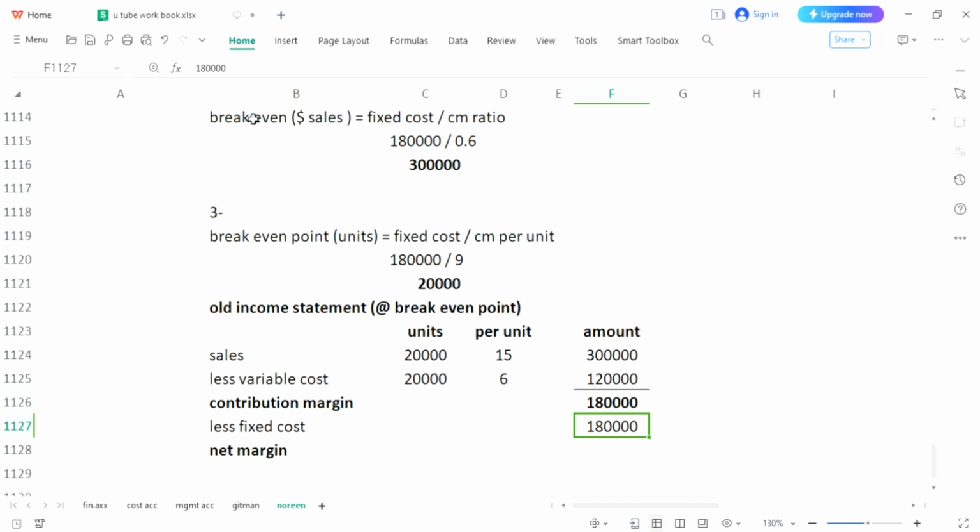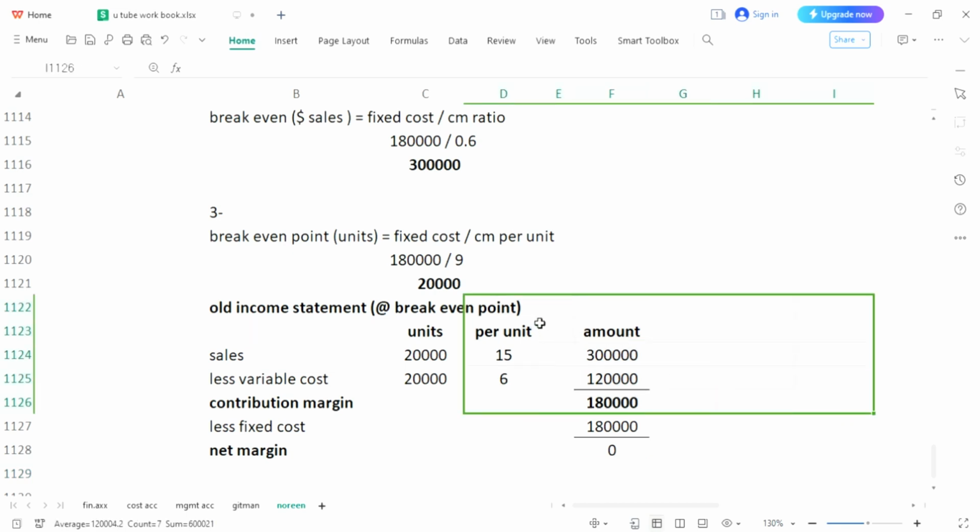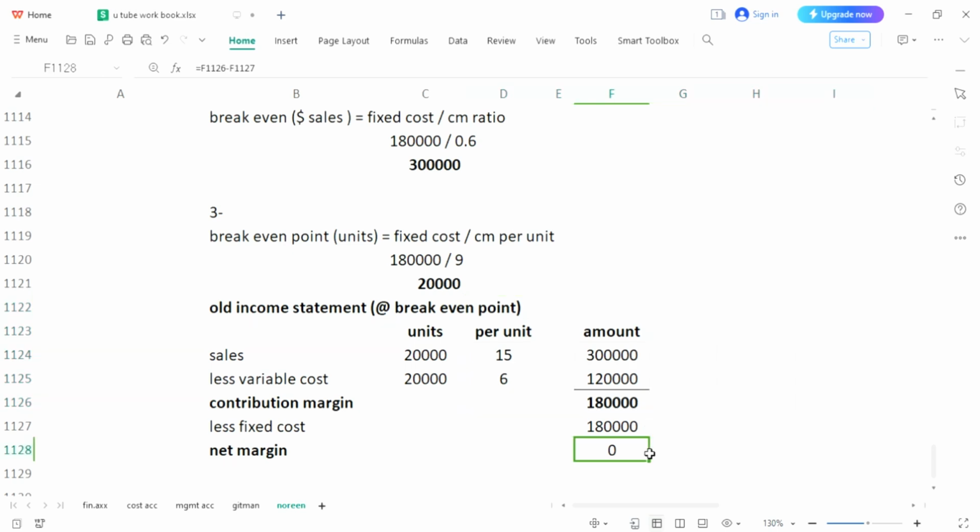Our contribution margin is 1,80,000 and fixed cost is also 1,80,000. Net margin is 0. Why? Because we have calculated according to break even point, and under break even point, there will always be a situation of no profit, no loss. So we are not getting any profit, at the same time we are not facing any loss.